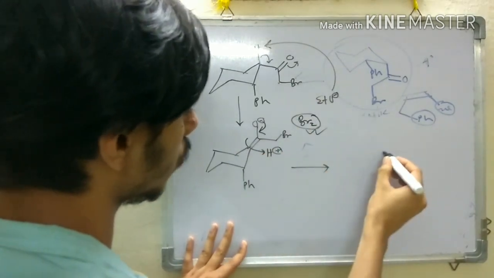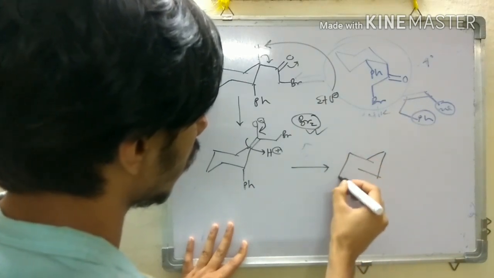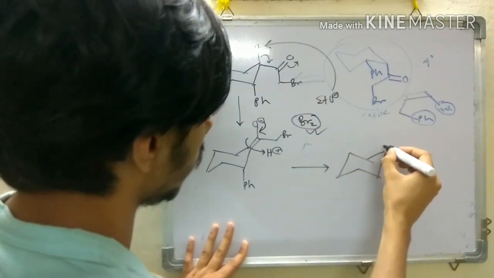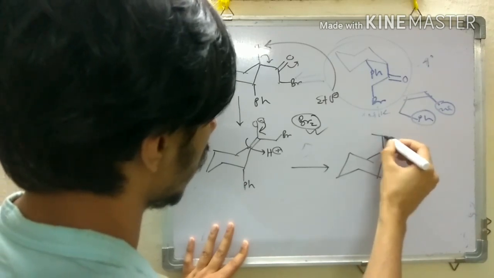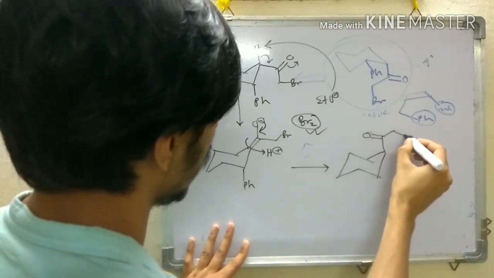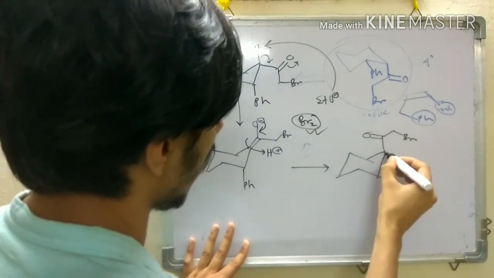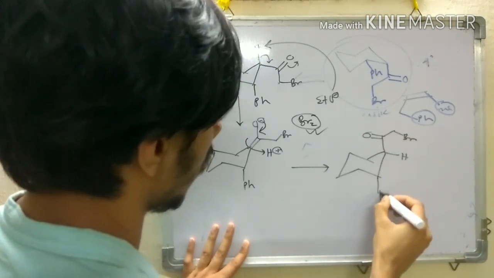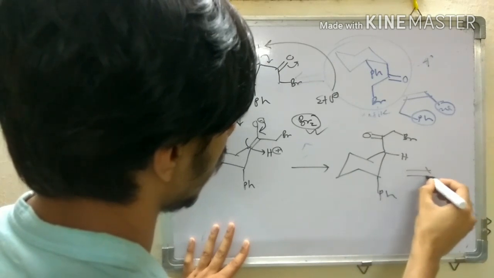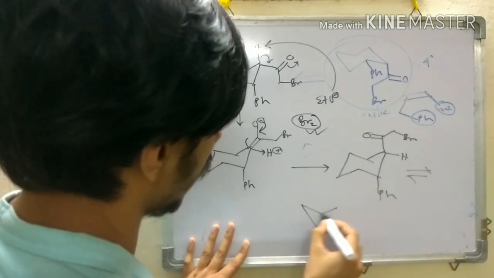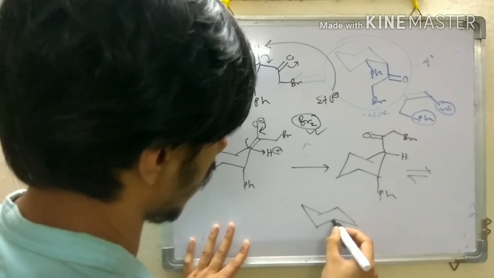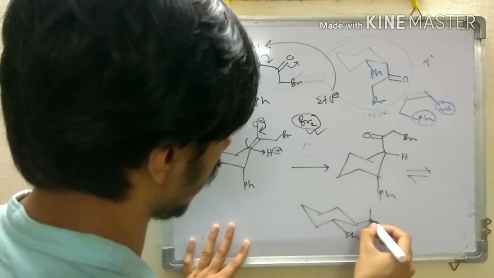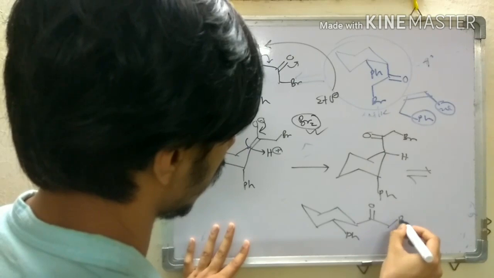But if it takes proton from equatorial position, you will get this CO here, and this, which can be flipped to give you this product, phenyl equatorial, and this group also equatorial.